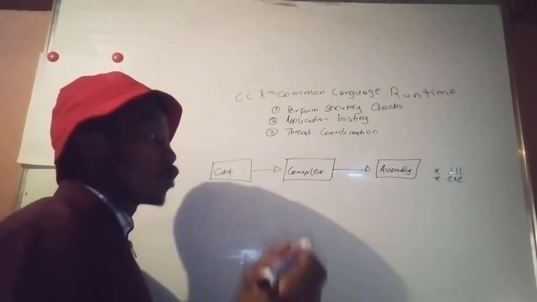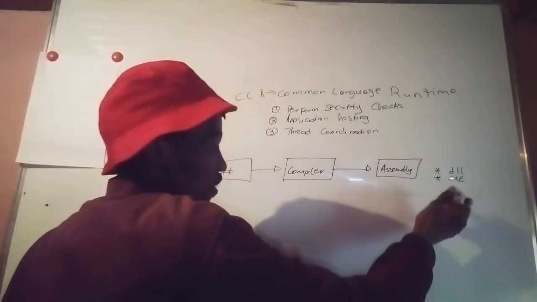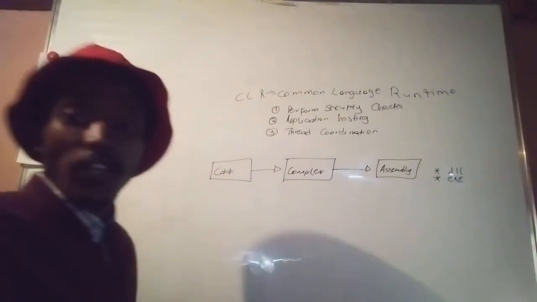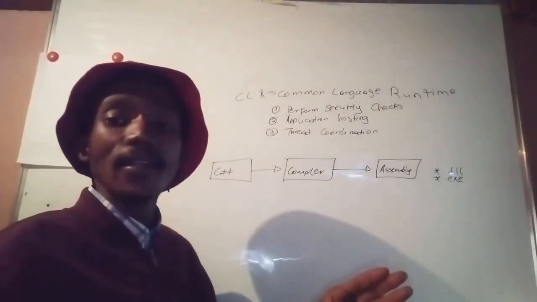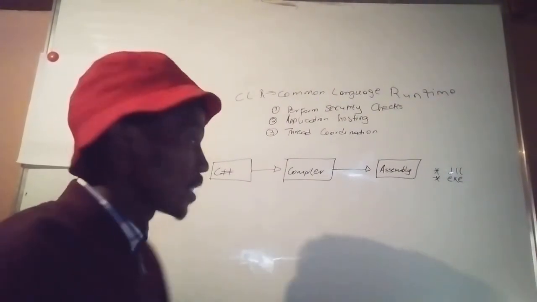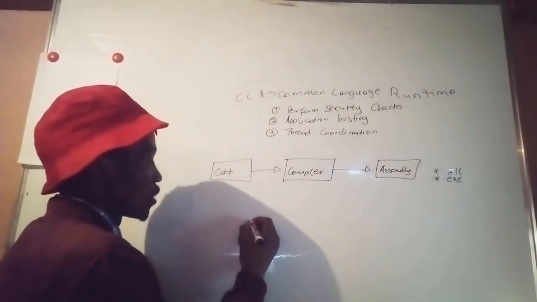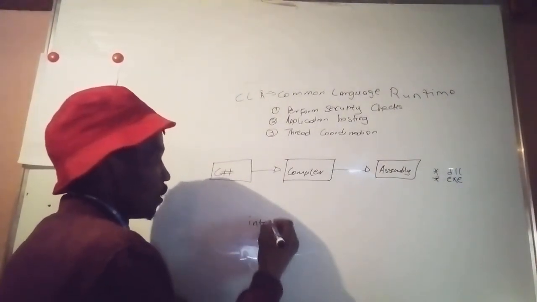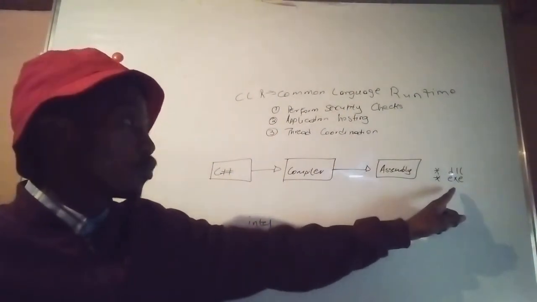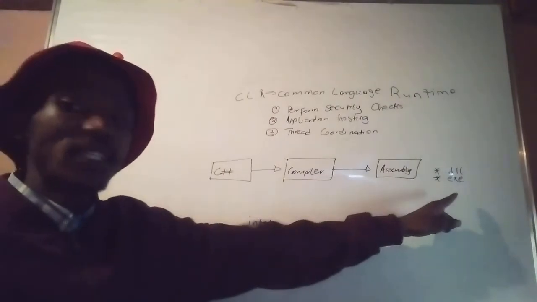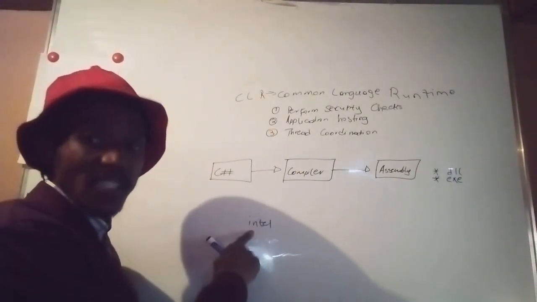So what is going to happen is the CLR is going to take whatever is within these files and convert it to platform specific instructions, depending on where your application will be executing. For example, if your application will be executing on a computer that is making use of Intel, then the CLR is going to take this set of instructions within these files and convert them to instructions that are going to be understood by the Intel microprocessor.